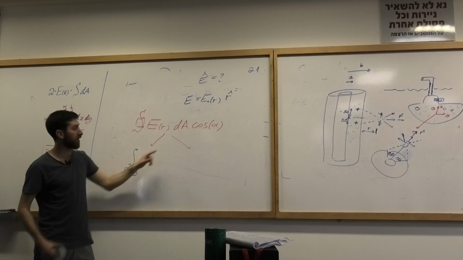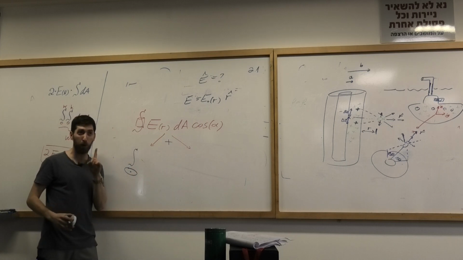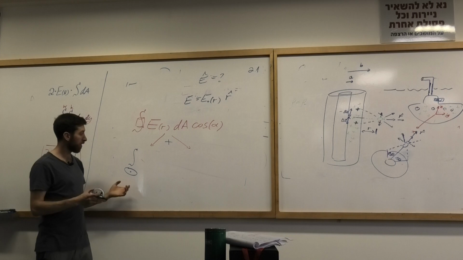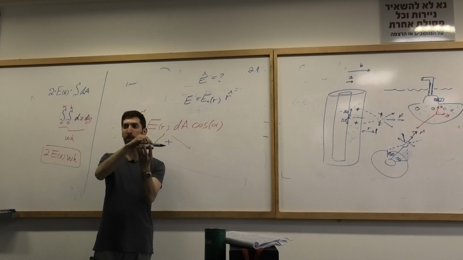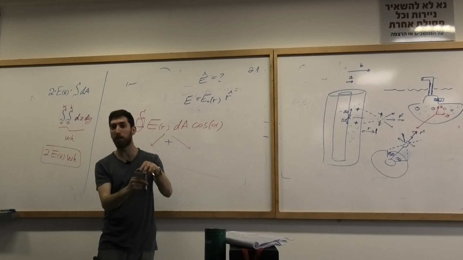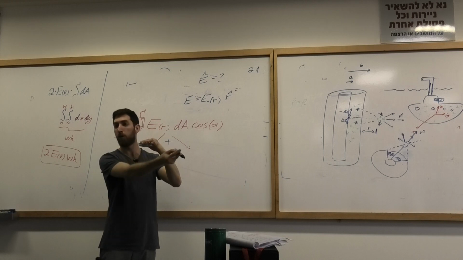Then I'm going to open the integral and say it's built up of open surfaces, not closed. I look at the lid and I see this is the direction of dA. What is the direction of E? Radially. The same thing here: dA down, down, down, and E radial, radial, radial.